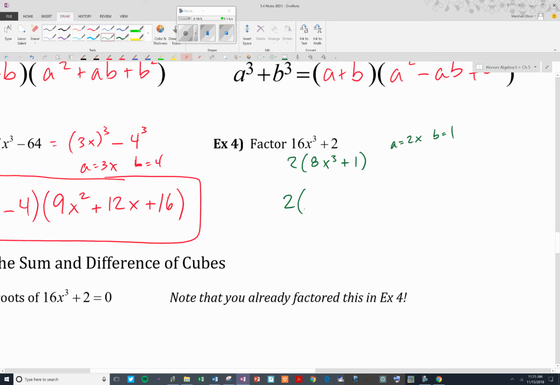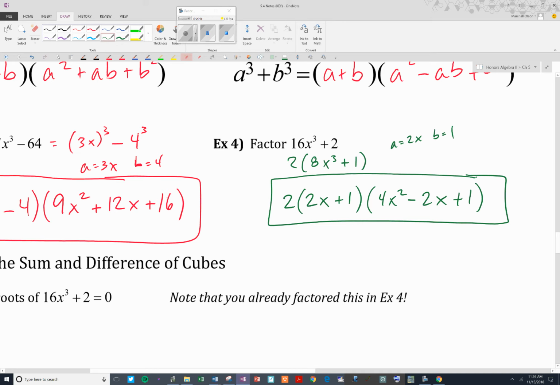So we're going to have a minus b, or excuse me, a plus b, because it's the sum of cubes. So 2x plus 1. A squared would be 4x squared, minus the product of those two things, 2x times 1, and then plus b squared. Totally factored. Don't forget that 2 in your final answer if you're factoring.